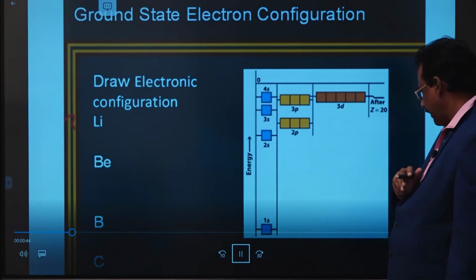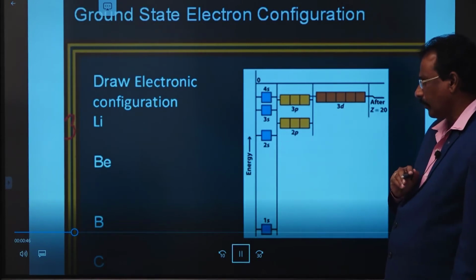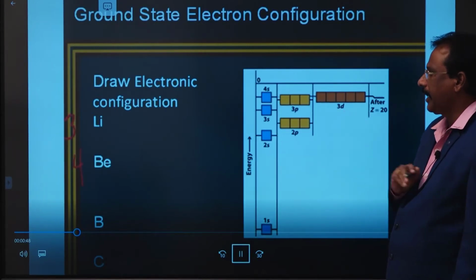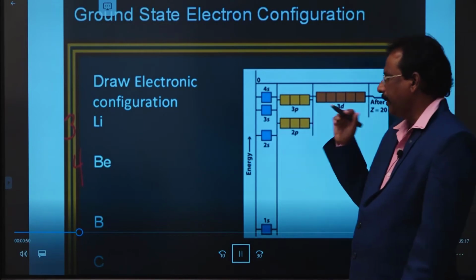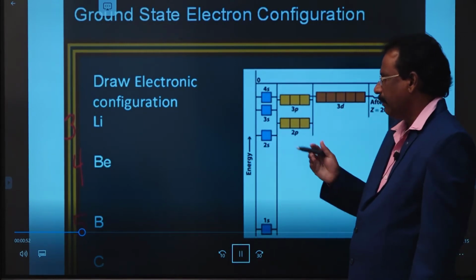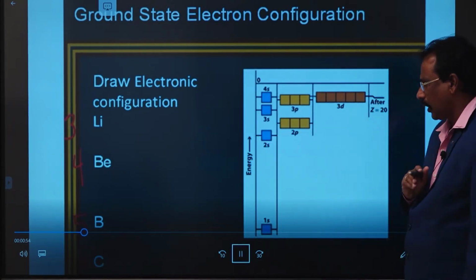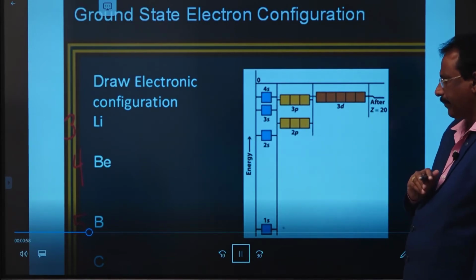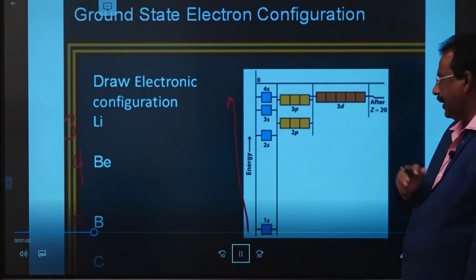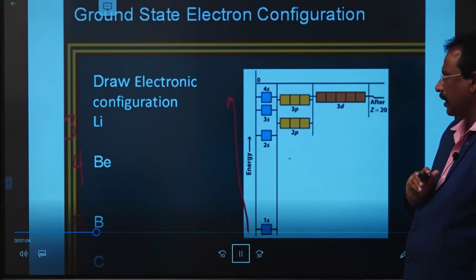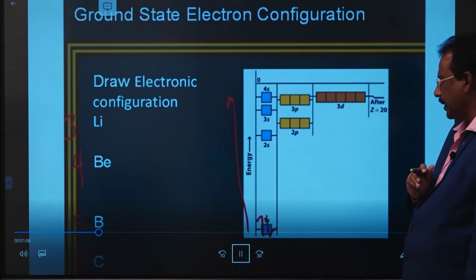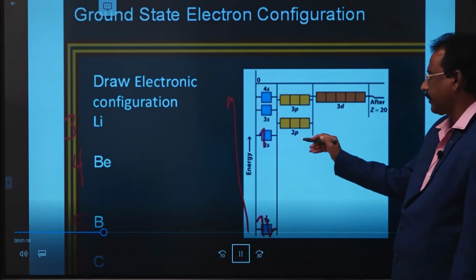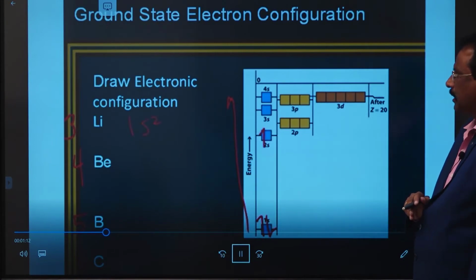Next elements are lithium and beryllium. Lithium atomic number is 3, beryllium atomic number is 4, and boron atomic number is 5. Lithium's electronic configuration is 1s2 2s1, because its atomic number is 3.